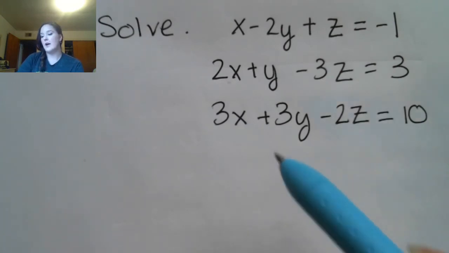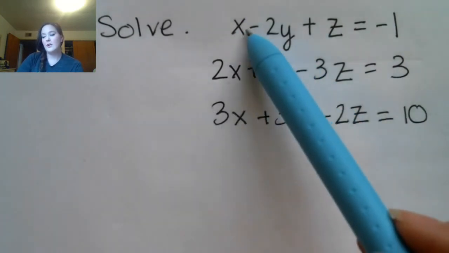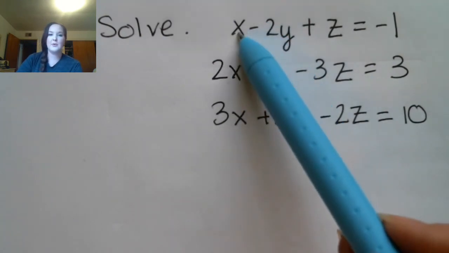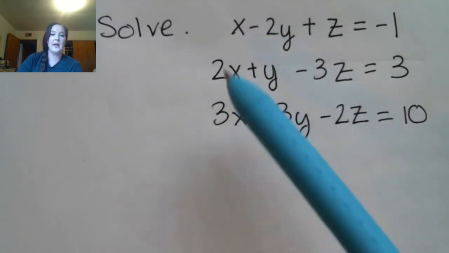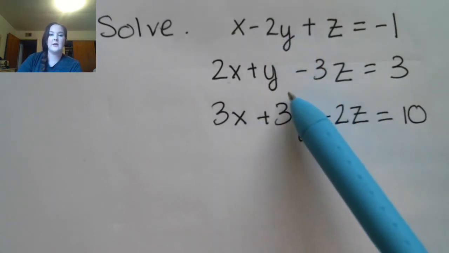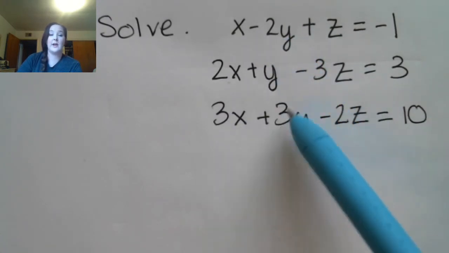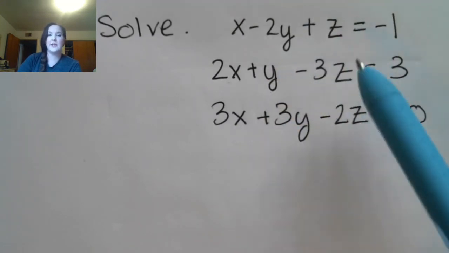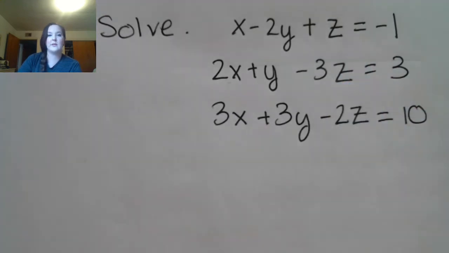Now I could multiply this by -2 and eliminate x. I could multiply this by -3 and eliminate x here. I could multiply this by 2 and eliminate y, multiply it by 3 and eliminate y, -3 and eliminate y. Could multiply this by 2 and eliminate z, or multiply it by 3 and eliminate z.